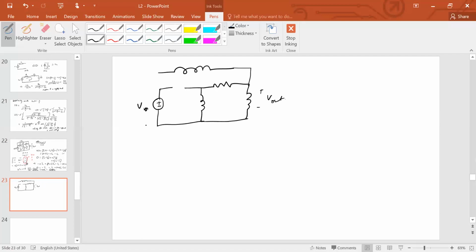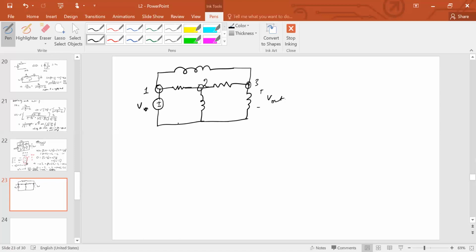For this case, you have to focus on certain nodes. So what are these nodes going to be? Call this node 1, call this node 2 and call this node 3.